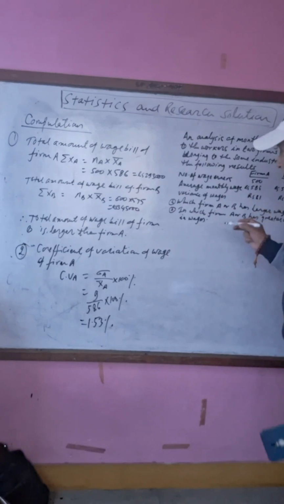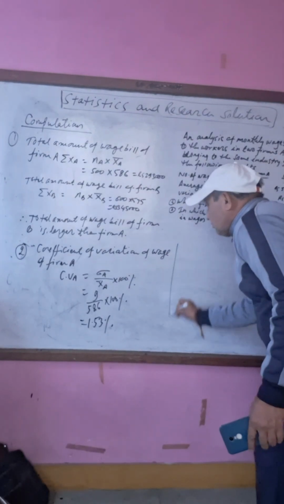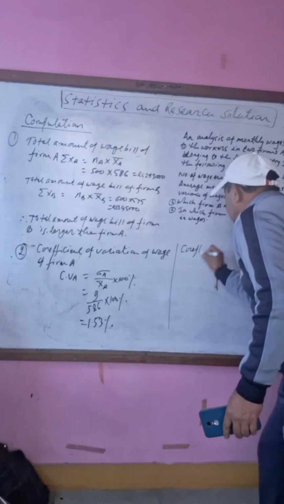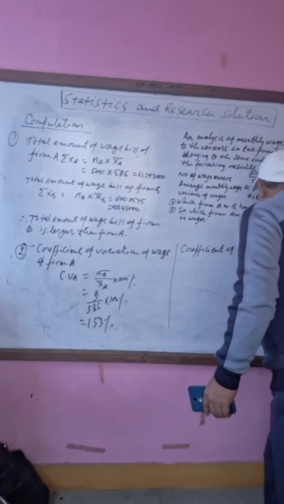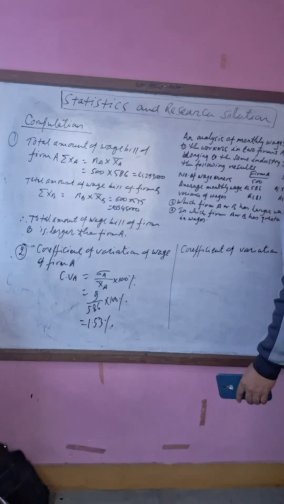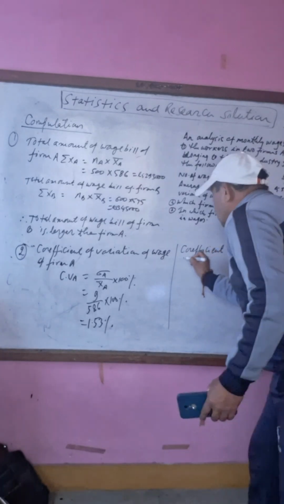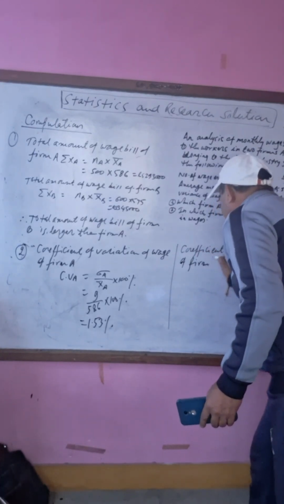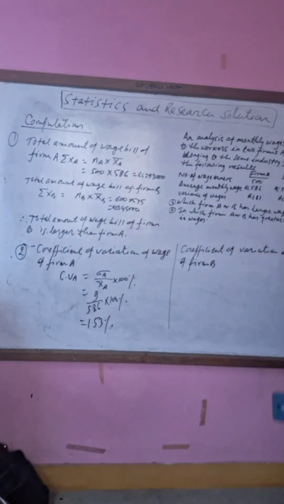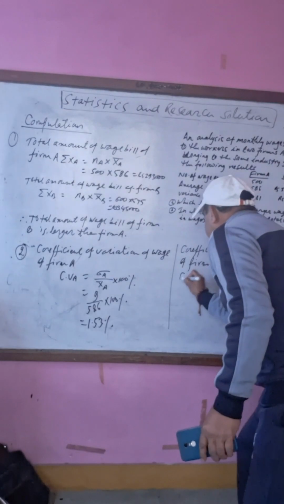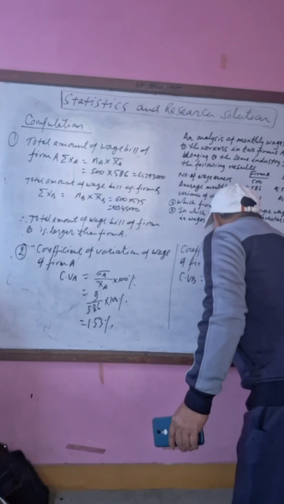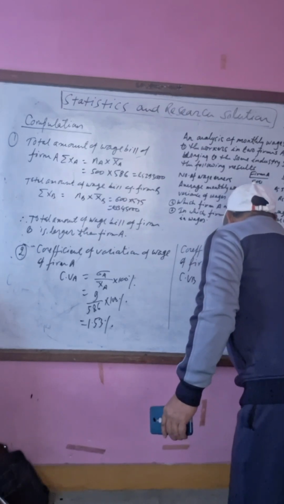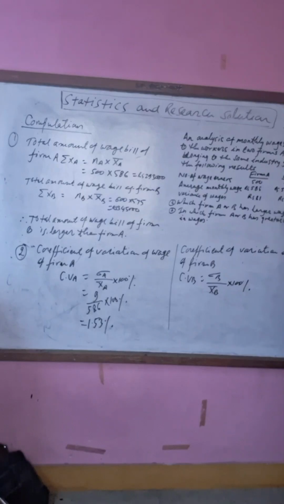And similarly, second, you calculate the coefficient of variation of wage of firm B. CV of B is equal to sigma B by XB bar into 100%. Now sigma B: 100 is sigma square and the square root of 100 is 10.